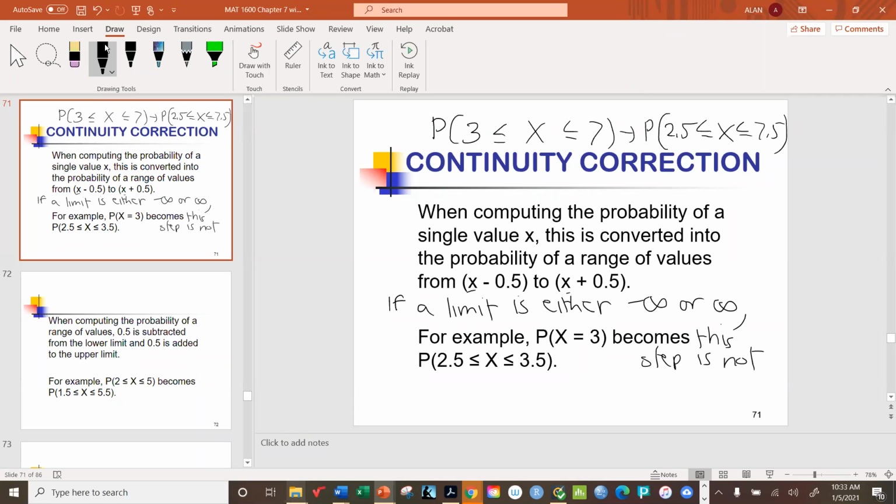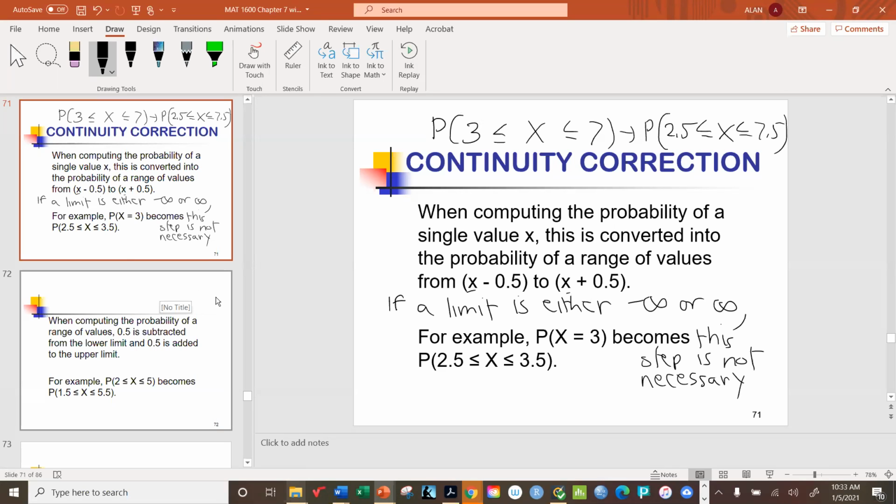It stays infinity. So if you have a whole number of some kind, then you certainly want to apply this. But if you have infinities involved, then for those cases you do not need to do this, because it doesn't make any sense to add a half to infinity, as it's still infinity. It's only when you have actual numbers that you need to do this.